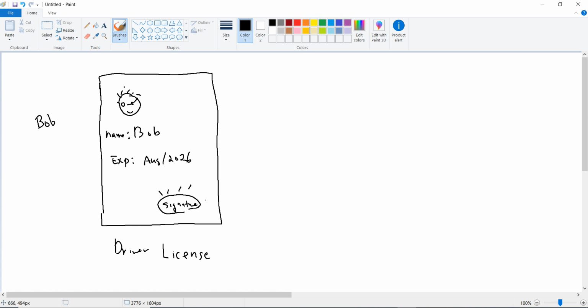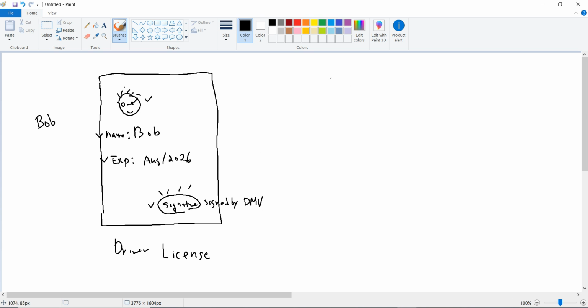The signature is signed by DMV. So basically the main content in the driver license is the picture, the name, the expiration date, and a signature signed by DMV.